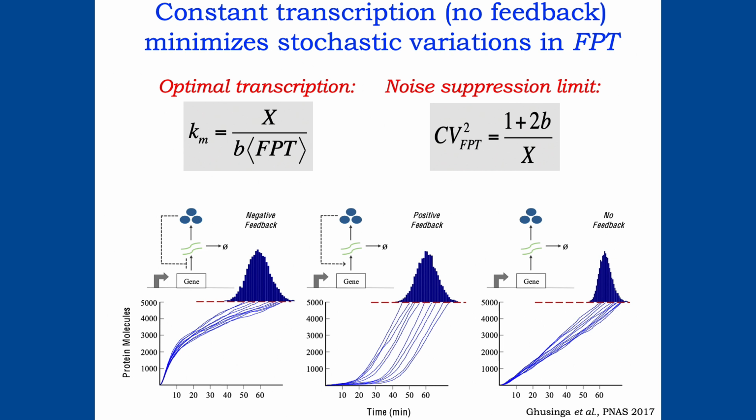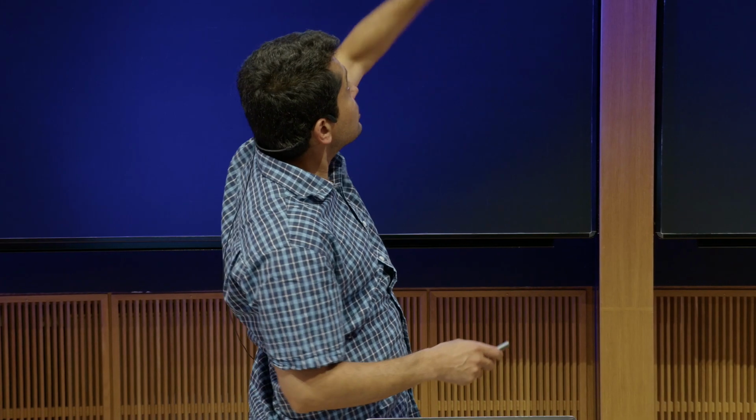Without feedback, it's a nice linear increase. But with negative feedback, it's the worst in timing because it becomes concave. So if the threshold is a bit higher, it becomes very bad with noise. Positive feedback is slightly better than no feedback, but negative feedback turns out to be the worst if you keep the mean timing fixed.